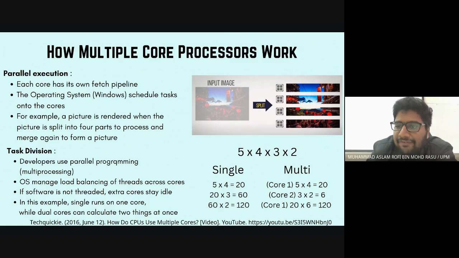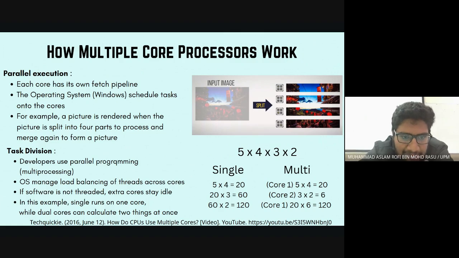This, of course, lowers the usage of electricity, because you are also saving time by using both cores at once. So that is about task division.